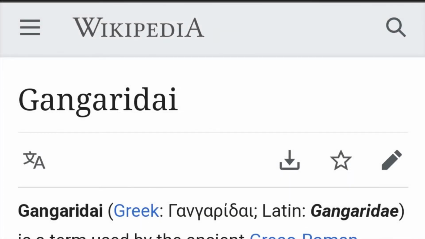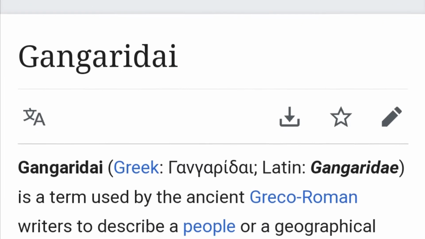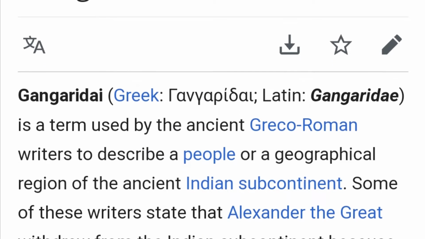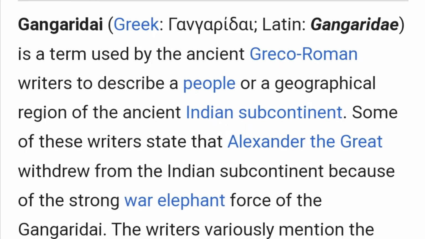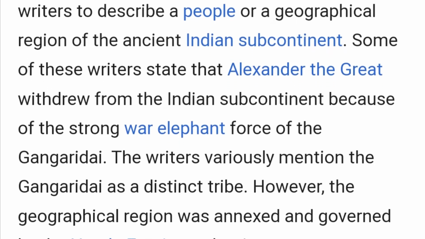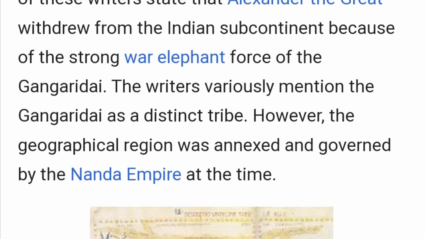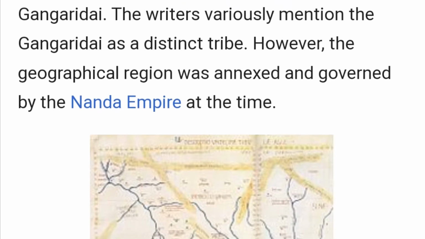First, as we Google search for Gangaridai, we find an elaborate description of the region recorded in the Greek and Latin records. This article elaborates that several famous Greek and Roman scholars had extensive knowledge about Gangaridai and they kept historical notes about the region.